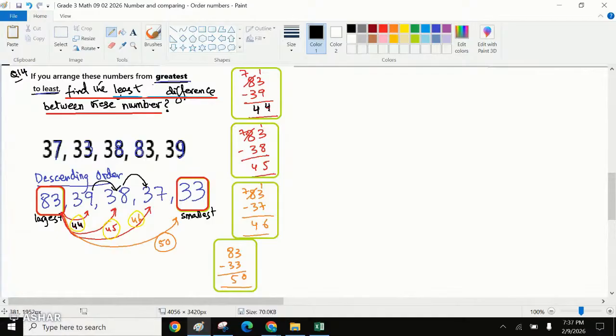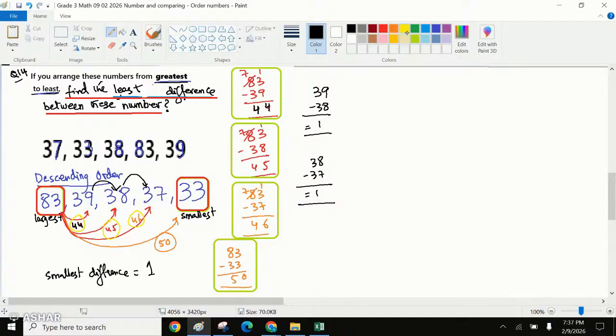Okay, let's move ahead because the smallest difference would be 1, because 39 minus 38 is equal to 1 and 38 minus 37 is also equal to 1. That means the smallest difference between any two numbers is 1.